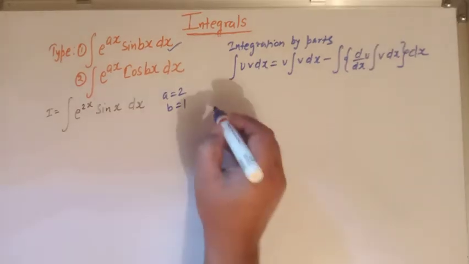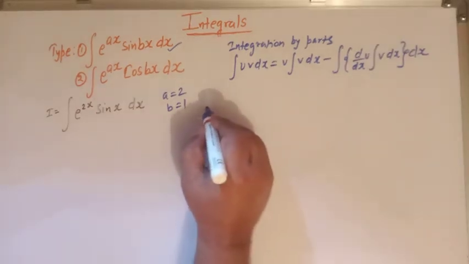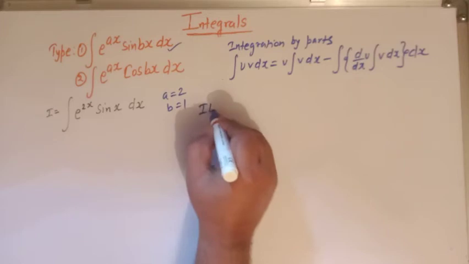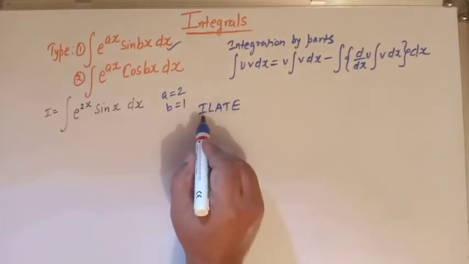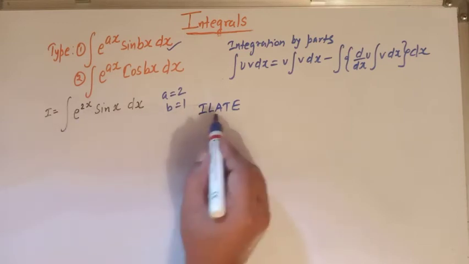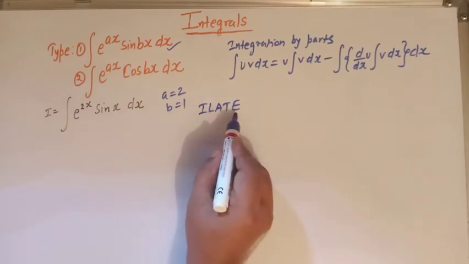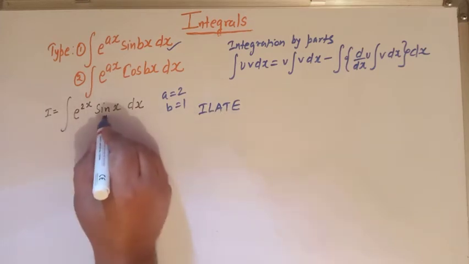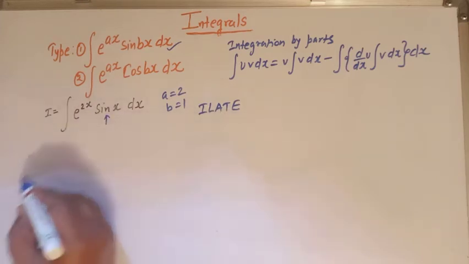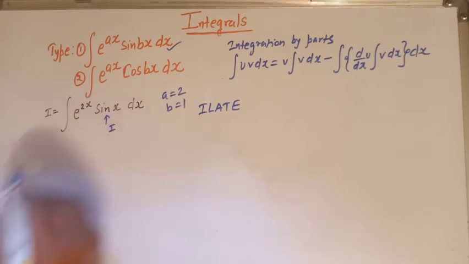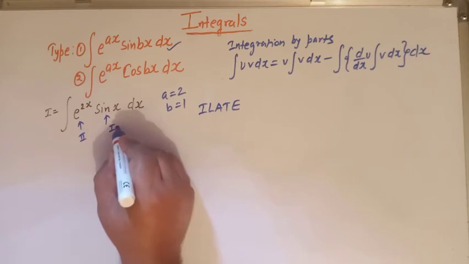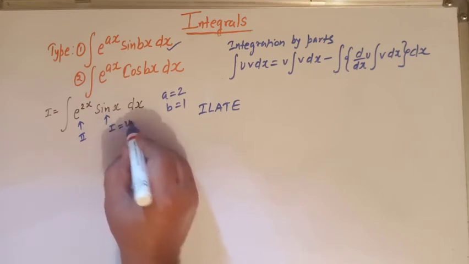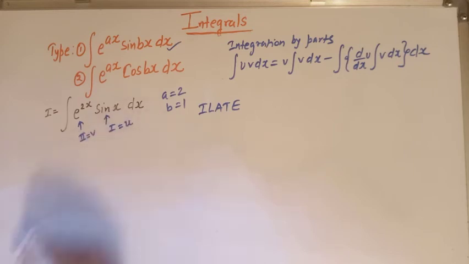So here we'll make use of the rule or the trick ILATE: the trigonometric function comes before the exponential function. Therefore this function is to be taken as the first function, and this is to be taken as the second function. Let us say this is u and this is v.